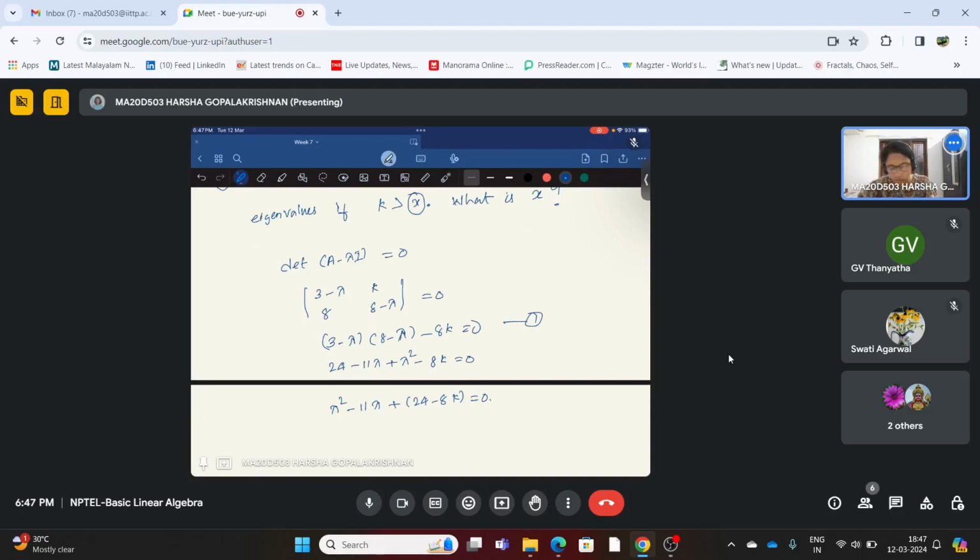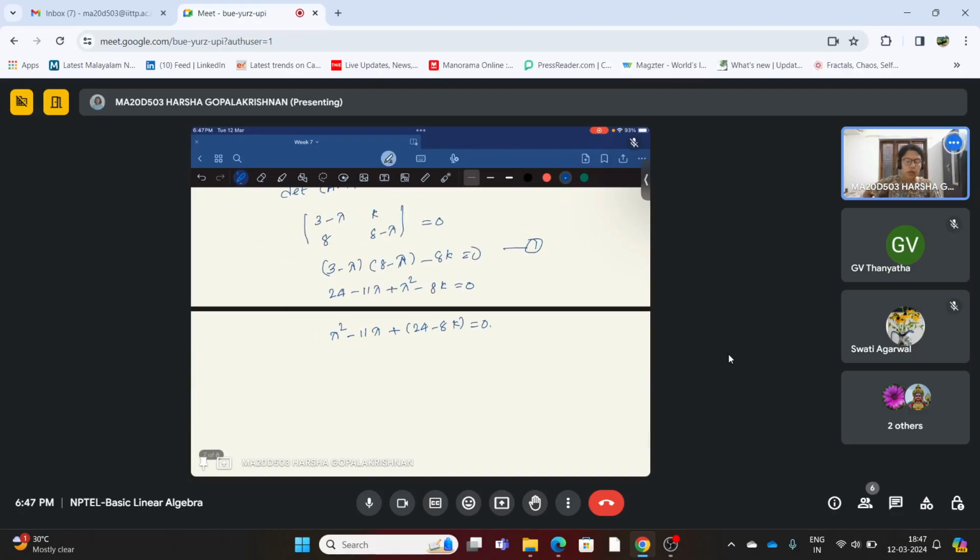Now can you say anything? This is our characteristic equation, right? Can you say what the condition on k should be so that it has real eigenvalues? b square minus 4ac should be greater than 0. If I have a quadratic equation and b square minus 4ac is greater than 0, then it has two distinct real roots.